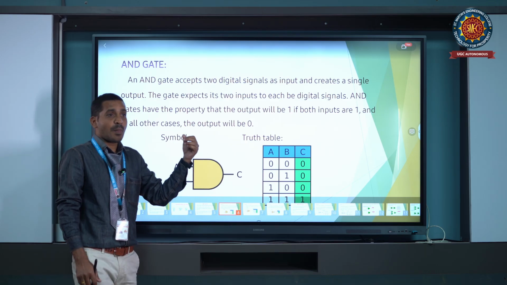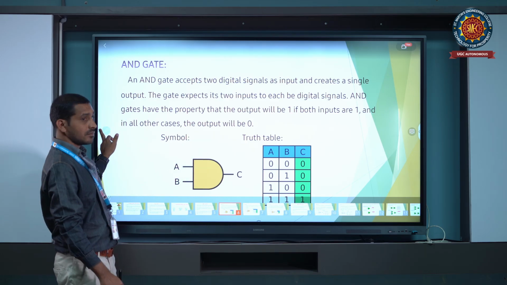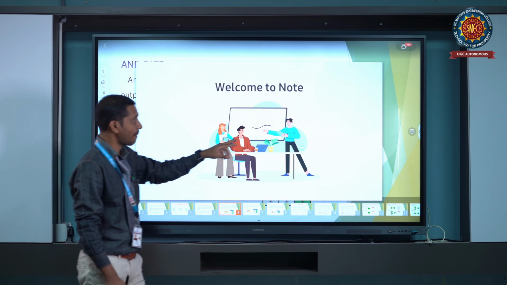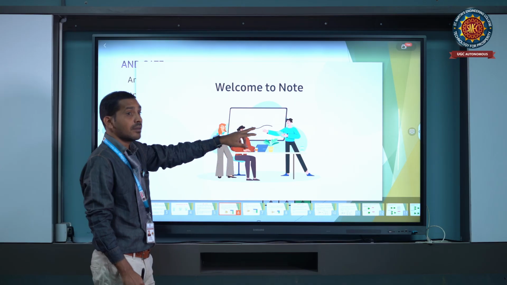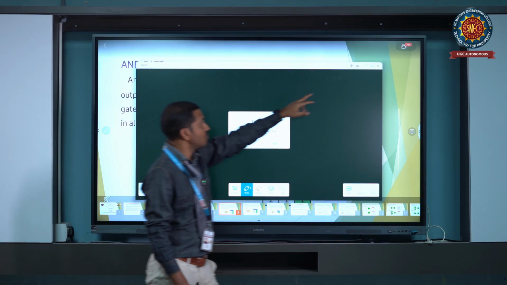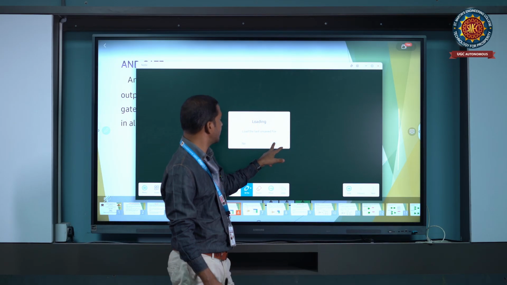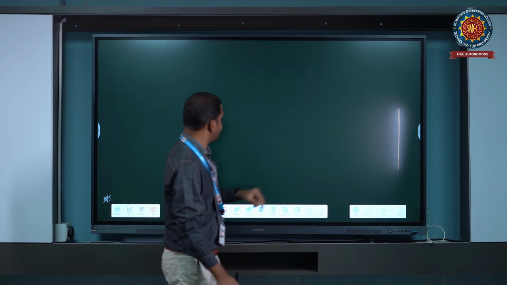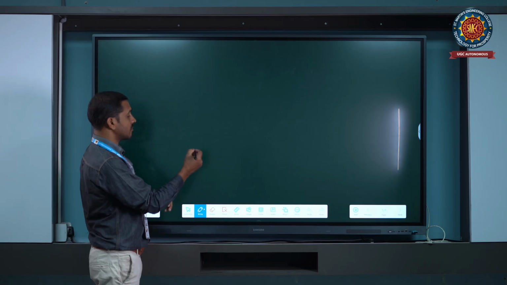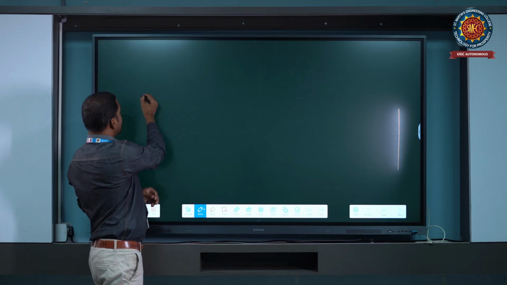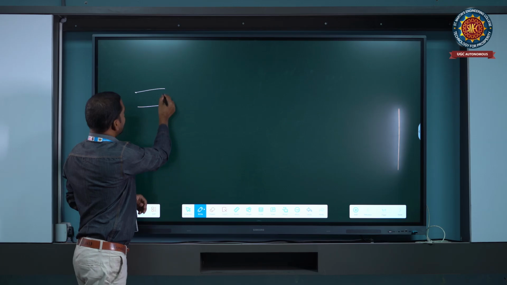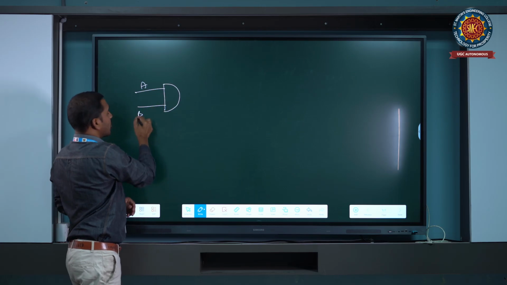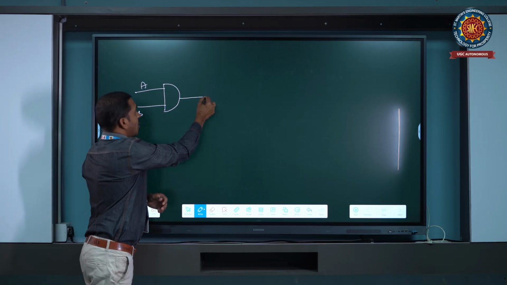In the basic AND gate symbol, you take A and B as the inputs, and it produces the output.